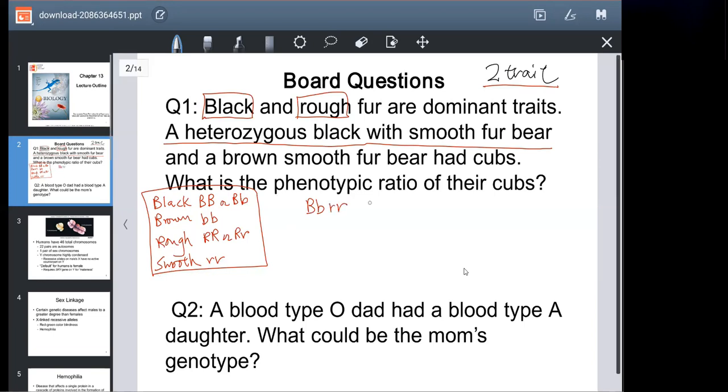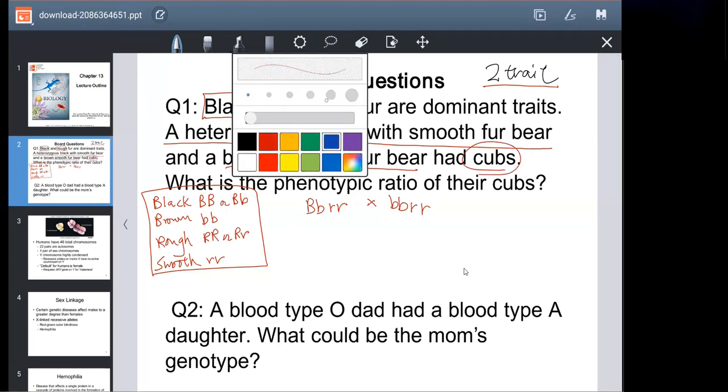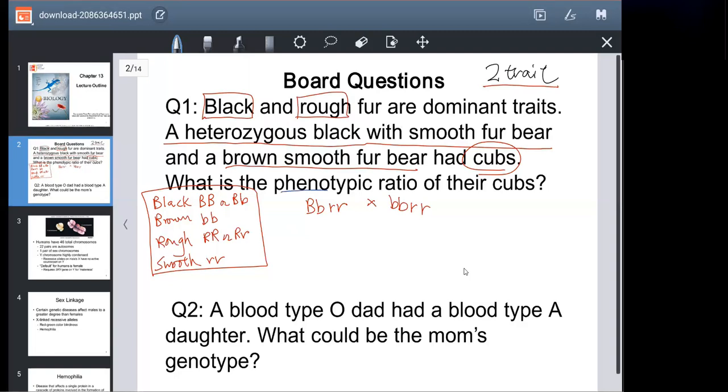And it crosses with a brown, smooth fur bear. Brown is small b, smooth fur means little r. Now, these two bears cross and they have cubs, so little bears. Now, the question is, what is the phenotypic ratio of their cubs?